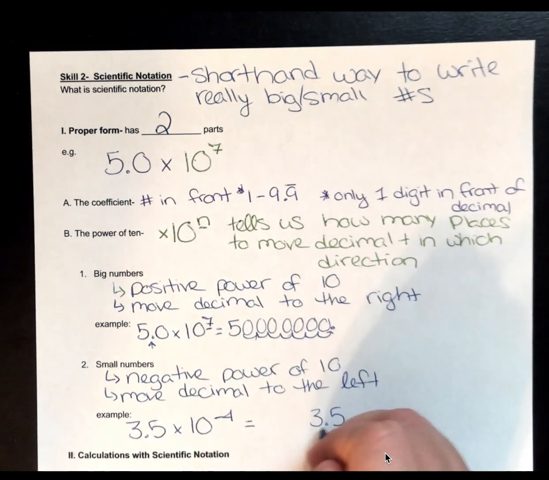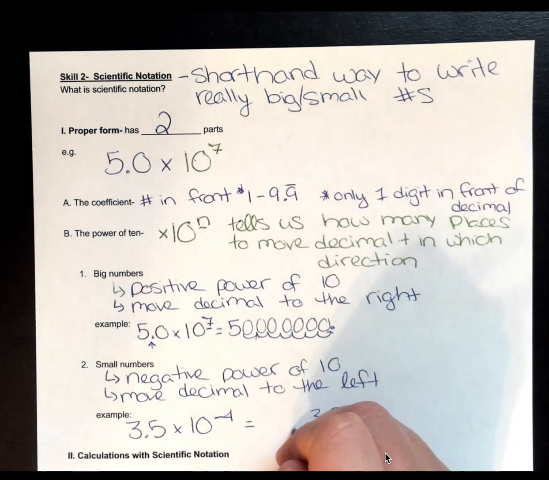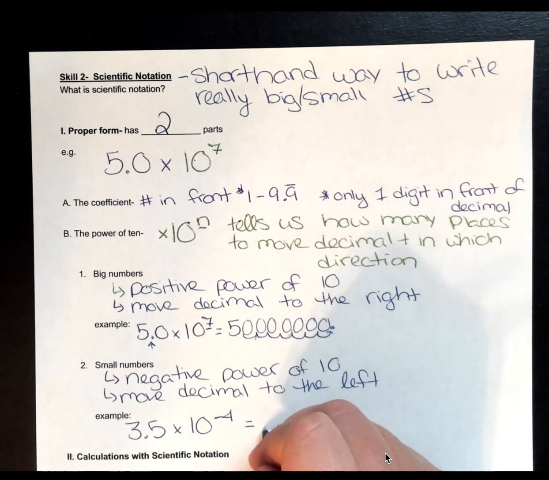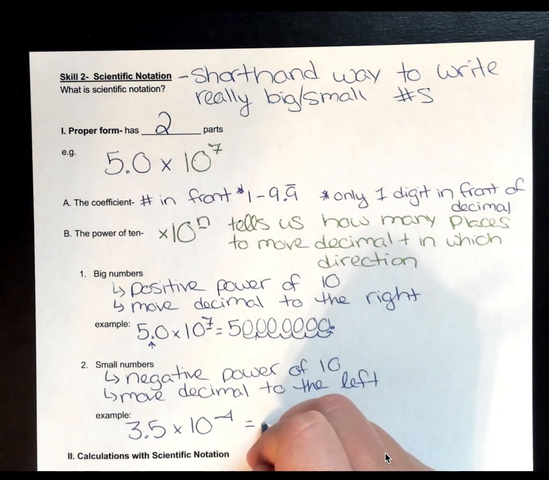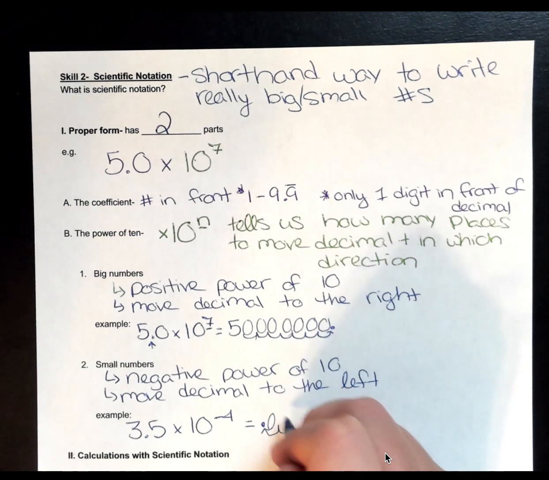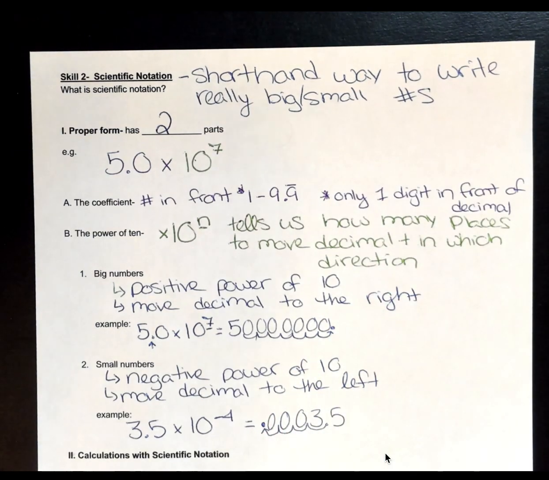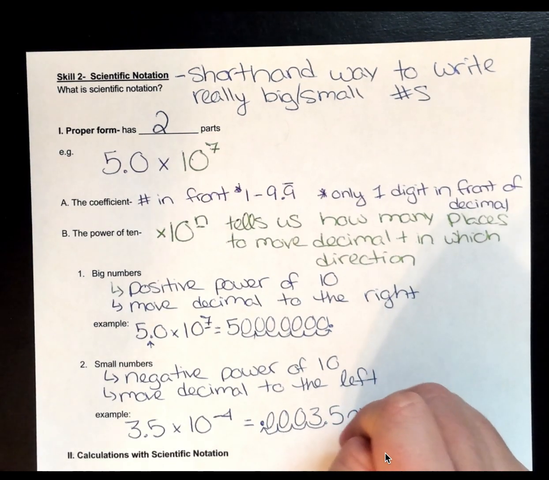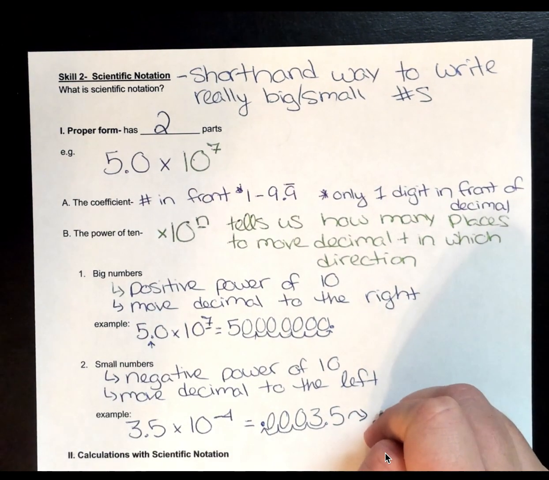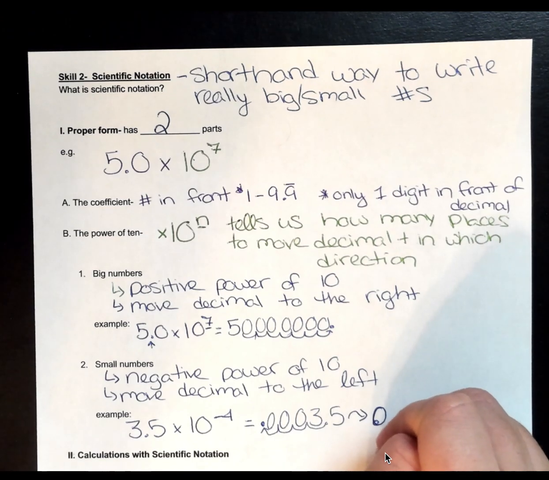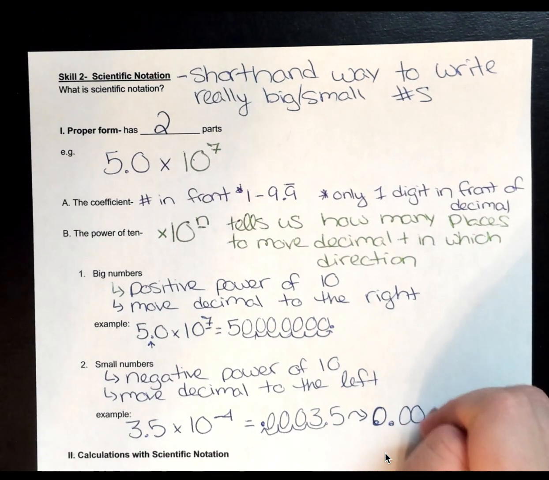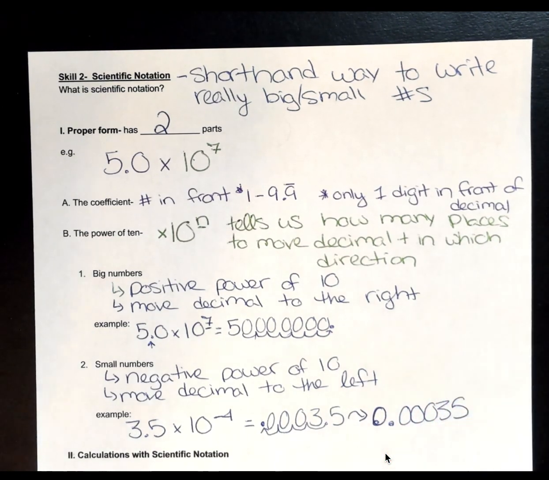So I'm going to go 1, 2, 3, 4. I'm going to put my new decimal and I'm going to fill these empty places with zeros. Okay? So if you wanted to rewrite this, 0.00035, that works too.